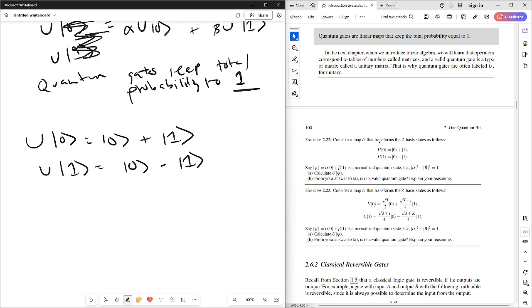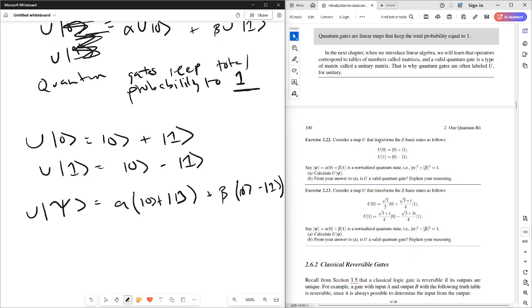So let's say, it says here, say that alpha state 0 plus beta state 1 is a normalized quantum state. It's equal to 1. Let's apply U to that state psi, and we wind up with alpha of 0 plus 1, plus beta 0 minus 1. For me, our answer to A: is U a valid quantum gate?